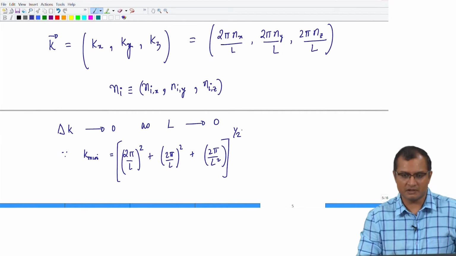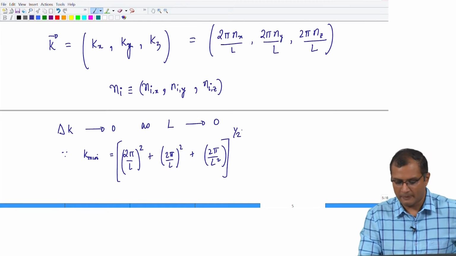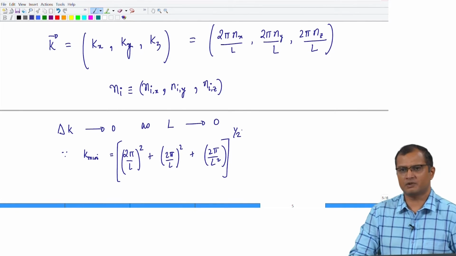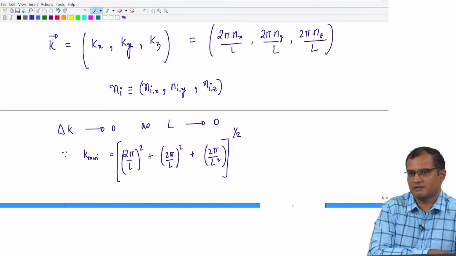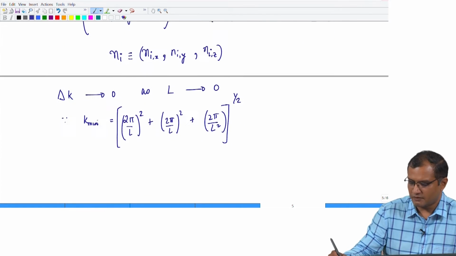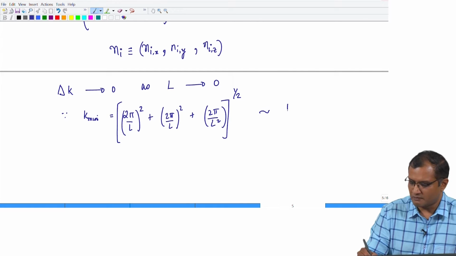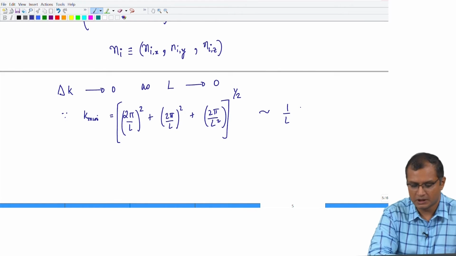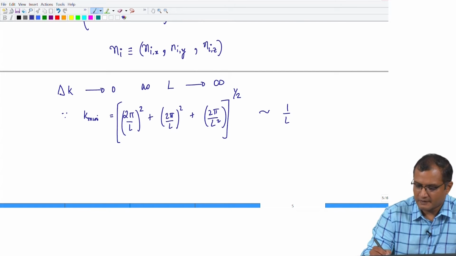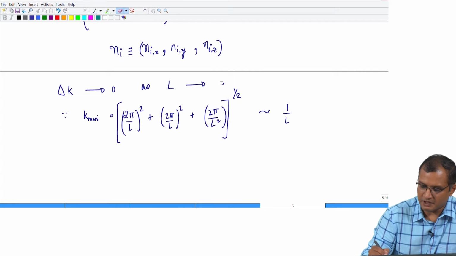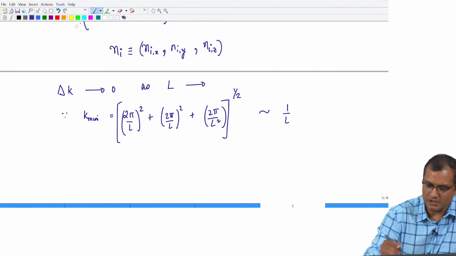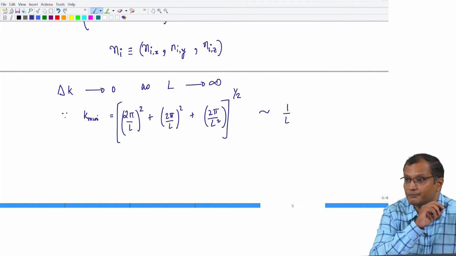From k minimum you can construct the magnitude, which would be of the order 2 pi by L, because the sum of these 3 is the same order, and taking the square root it is of the order 1 by L. So as L goes to infinity, the separation between the modes goes to 0.